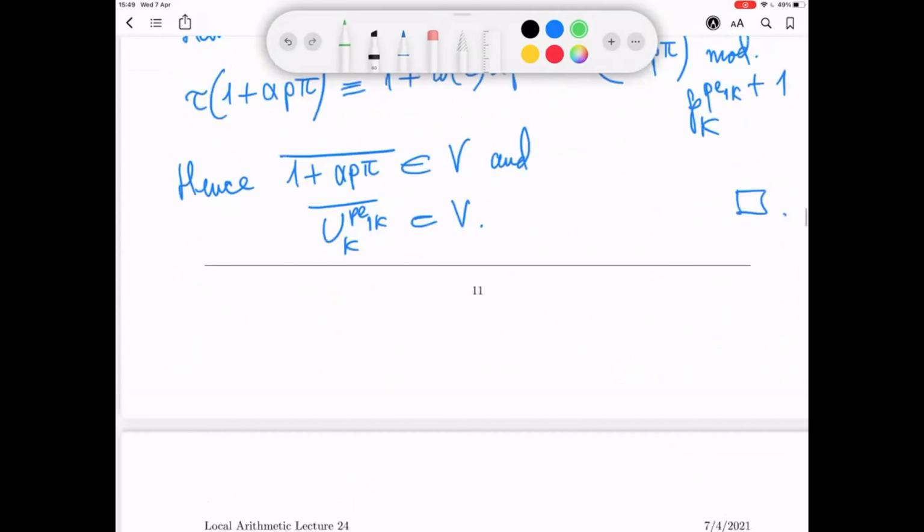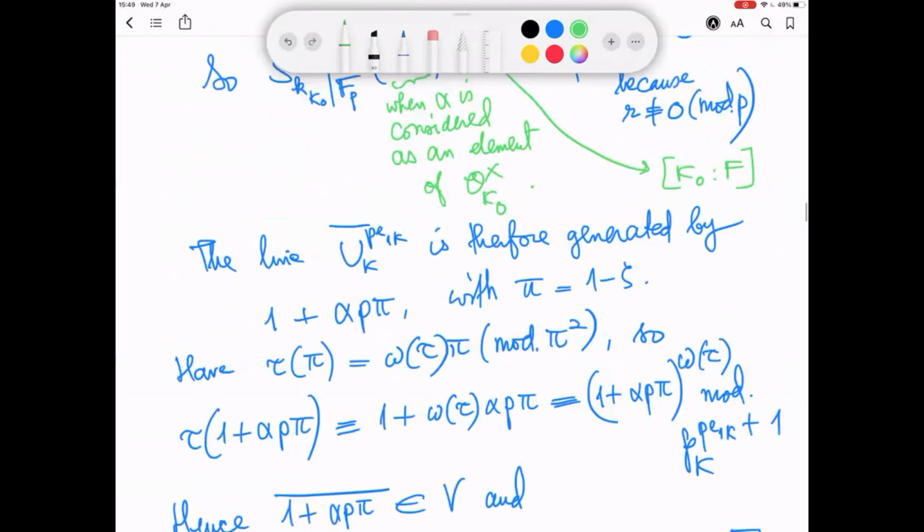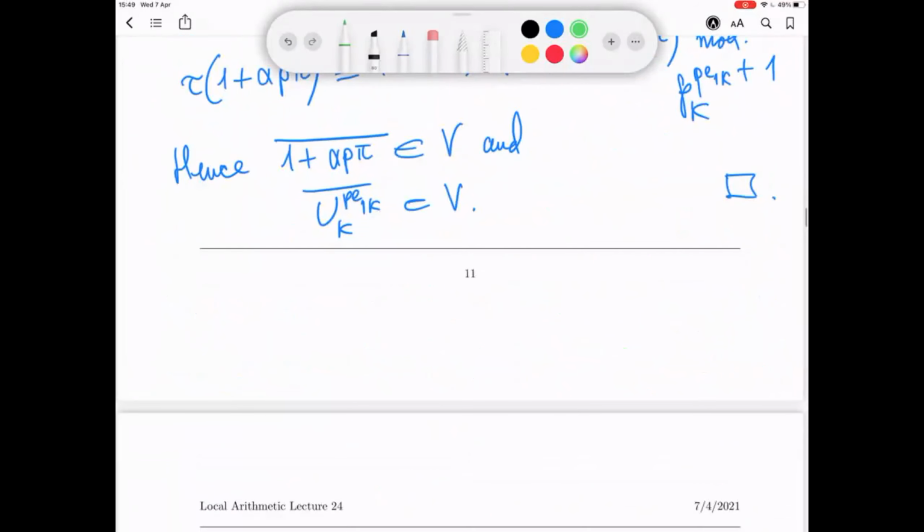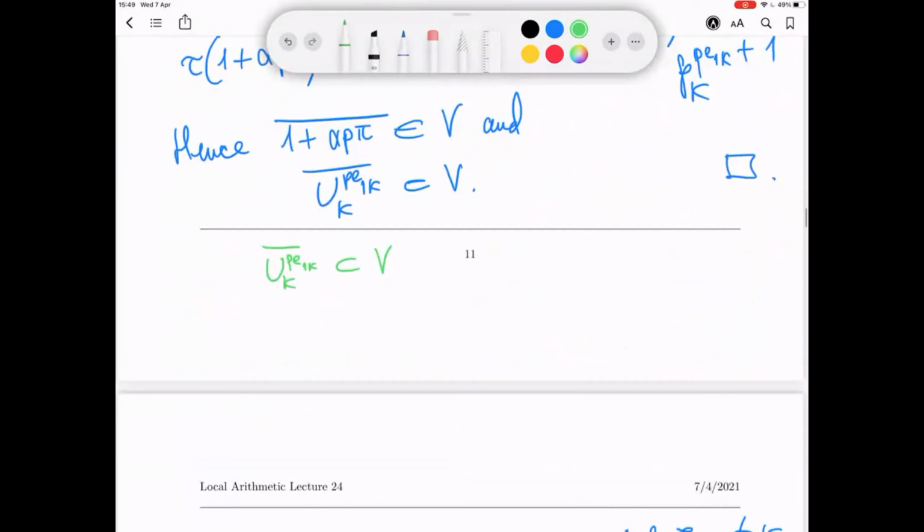So what I have to prove is that UKP E1 K bar is contained in V. This is what I have to prove.